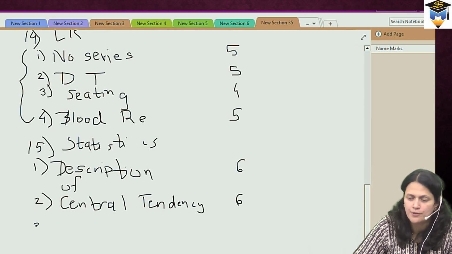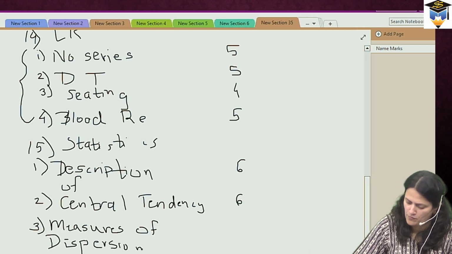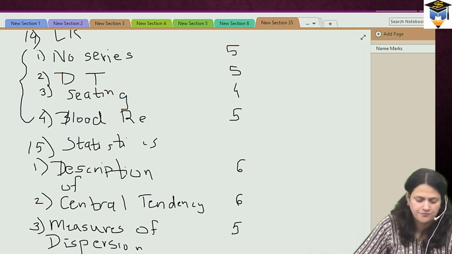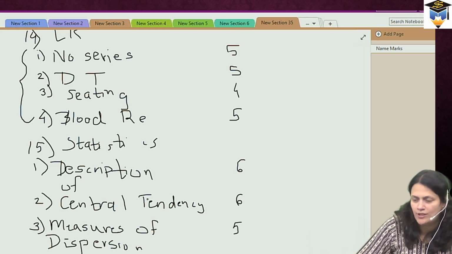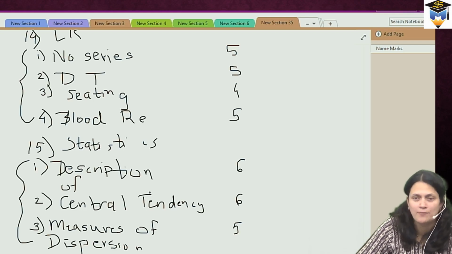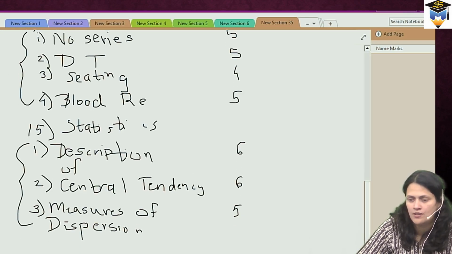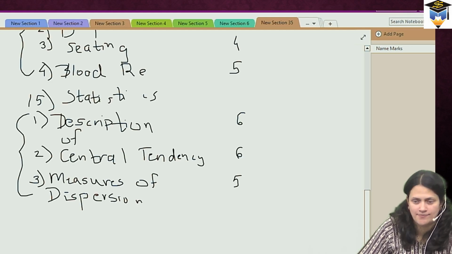Third is measures of dispersion, 5 marks. So these 3 chapters are based on statistics, again roughly 19 to 20 marks. You have to focus on these chapters. They are important. So you can easily score 40 marks.